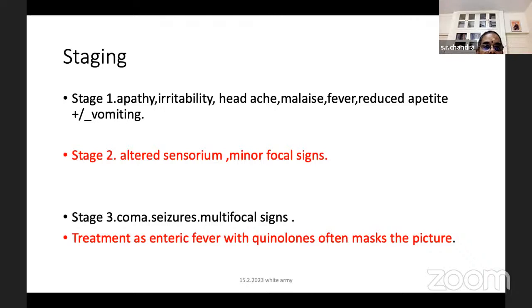Stage 1 is apathy, irritability, headache, malaise, fever, reduced appetite, and vomiting. Stage 2 is altered sensorium and minor focal signs. Stage 3 is coma, seizures, and multifocal signs. Treatment as enteric fever with quinolones. This is a very common thing.